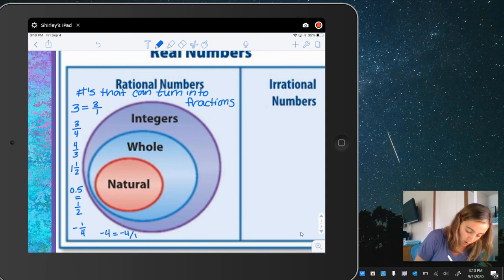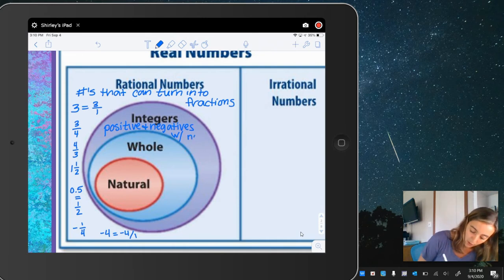So integers are positive and negatives with no fraction or decimal. With, that's an abbreviation for with, it's a W with a slash through it.